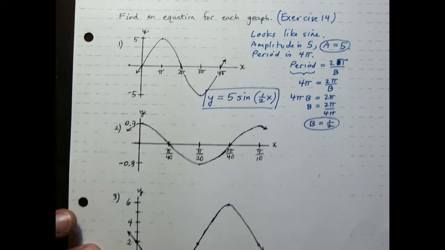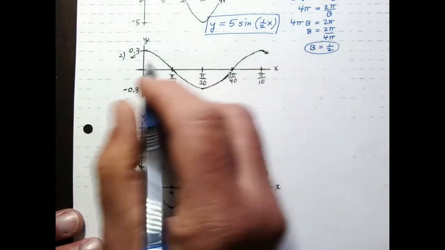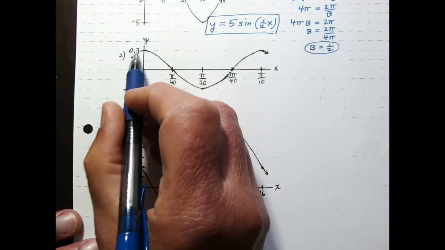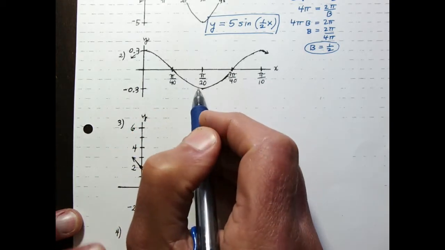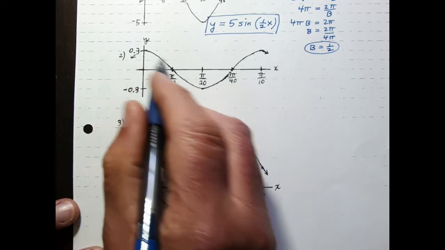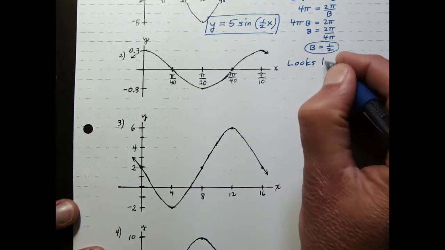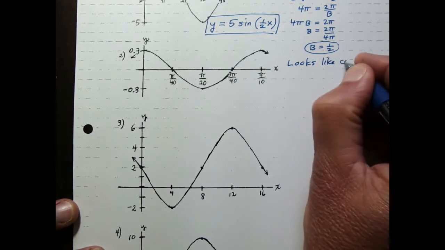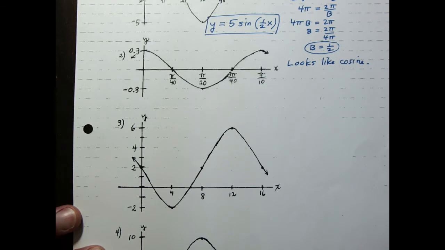Let's go ahead and do number two. Now this graph starts up on the y-axis and comes down, crosses the x and plunges to negative y and then back up. This looks more like a cosine graph to me. Now you can use sine or cosine for any one of these. You could always use sine or always use cosine.